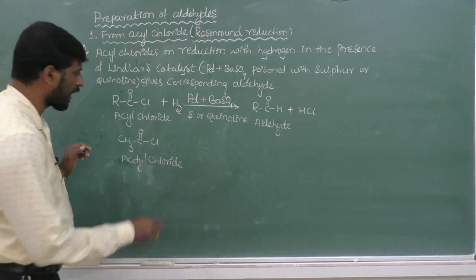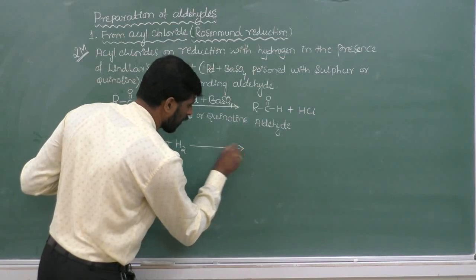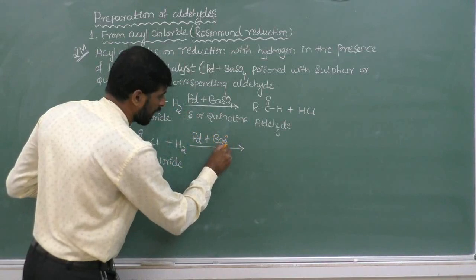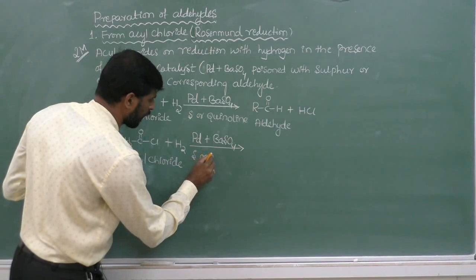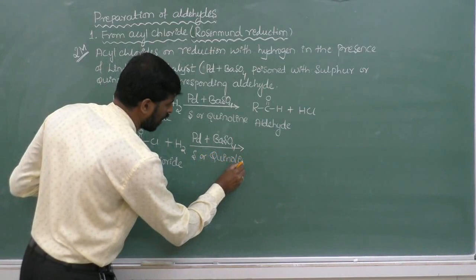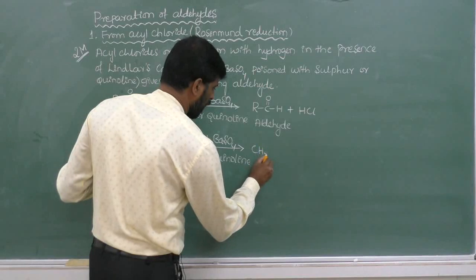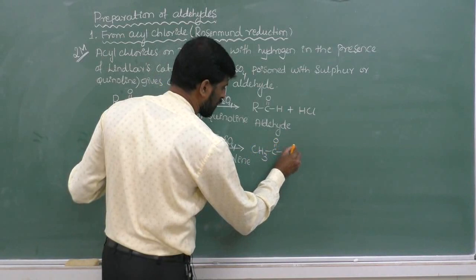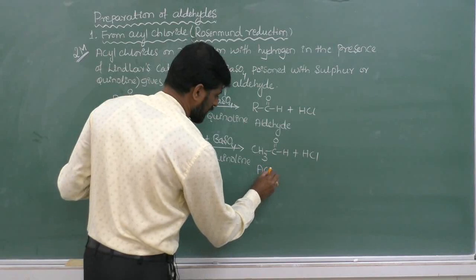This acetyl chloride on reduction with palladium supported over barium sulfate, which is partially deactivated by sulfur or quinoline, leads to the formation of CH3CHO plus HCl. So this is nothing but acetaldehyde.